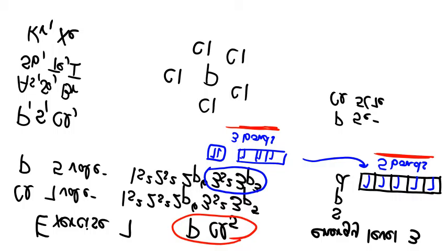In period 5, antimony, tellurium, and iodine. They also have empty d orbitals that they can move electrons into, so they can make more than 4 bonds. And then we have 2 noble gases, krypton and xenon, and they will also be exceptions to the rule. Okay? They're easy to see once you start drawing.